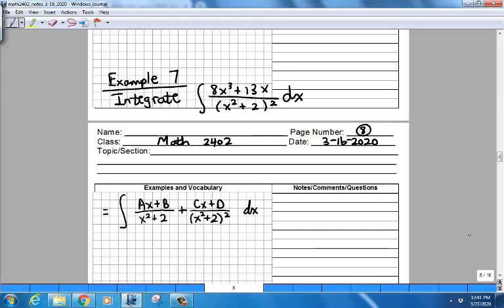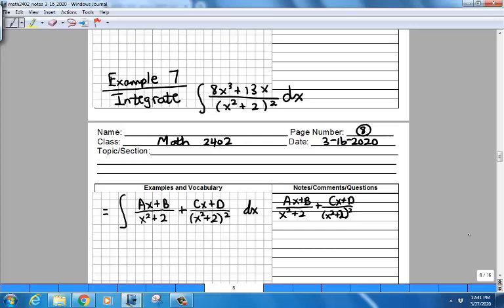So recall, when I add these two fractions together, ax plus b over x squared plus 2, and then plus cx plus d over x squared plus 2 squared, I have to come up with 8x cubed plus 13x.